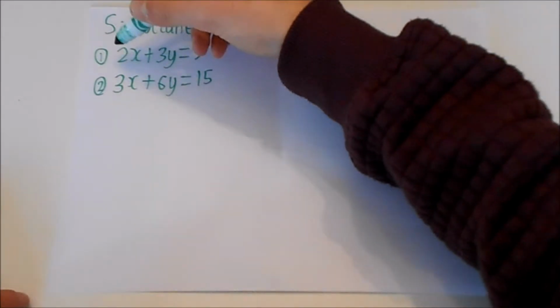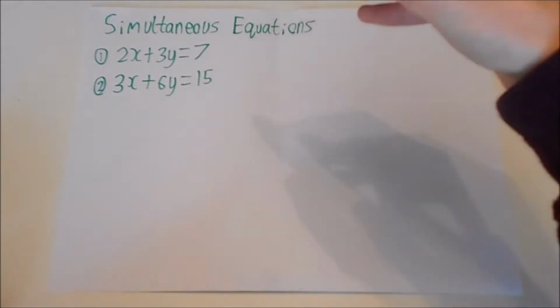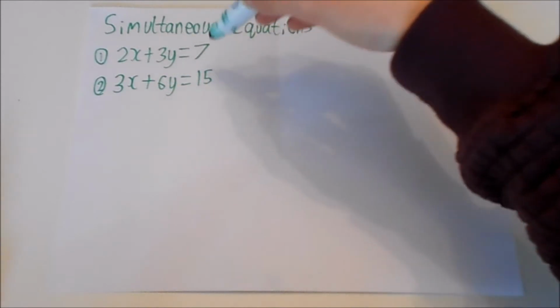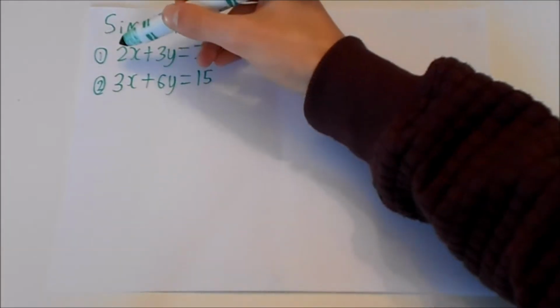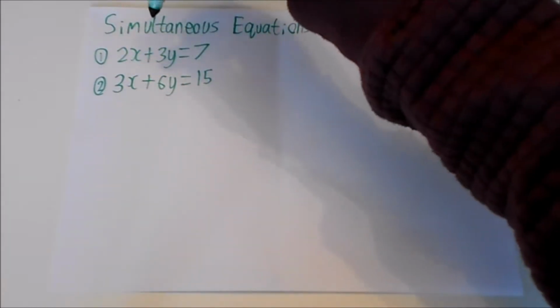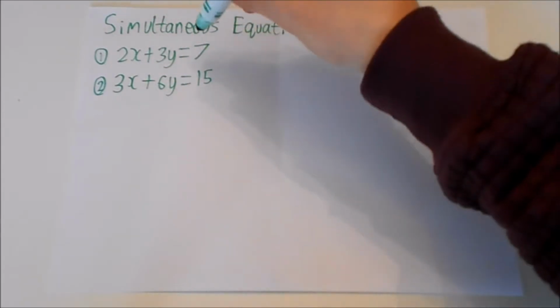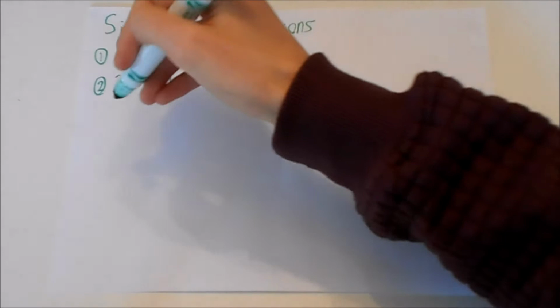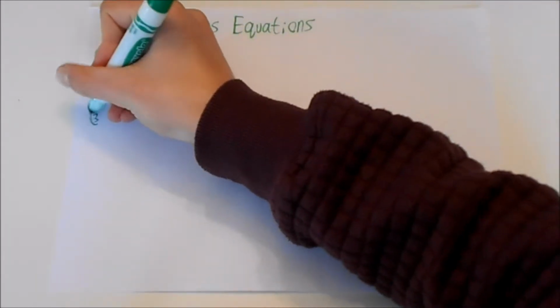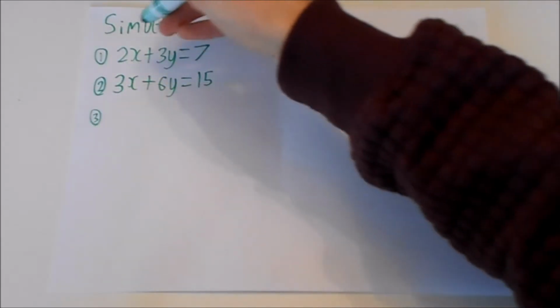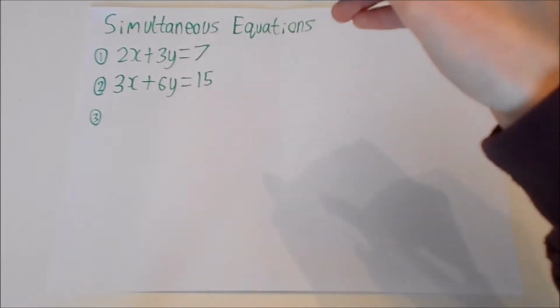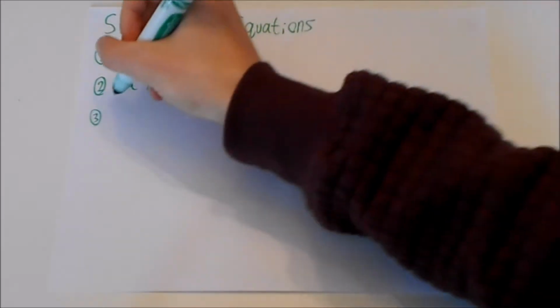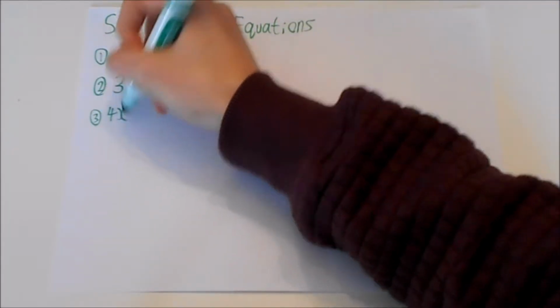So equation 1, if we're multiplying it by 2, we need to multiply each term by 2. So we need to multiply the 2x, we need to multiply the 3y, and we need to multiply the 7. So I'll write it under here and I'll call it equation number 3. So 2x multiplied by 2 is 4x.